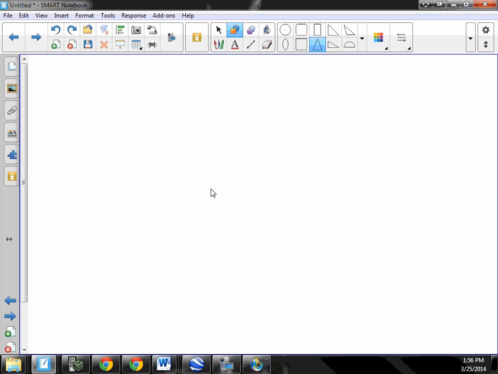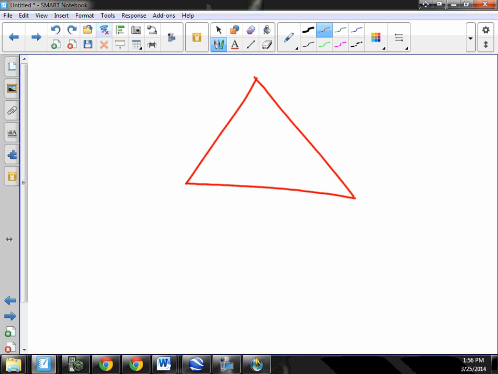Okay, so let's look at a random acute triangle. I'll just draw one. So there's an acute triangle. We'll just label the sides A, B, C, little a, little c, and little b.